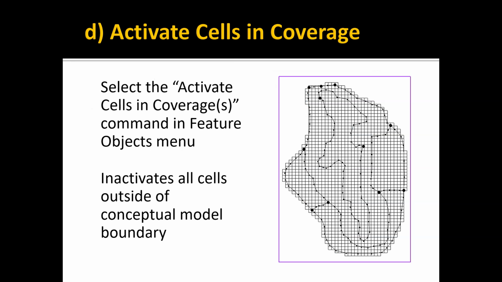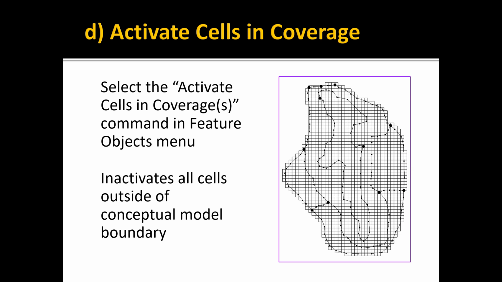And then the next step is you use what's called the Activate Cells in Coverages command. What that does is it looks at your coverage that has that toggle turned on that says Use to define active model area, and it will overlay that with your grid, and anything that's outside that polygon gets turned off.